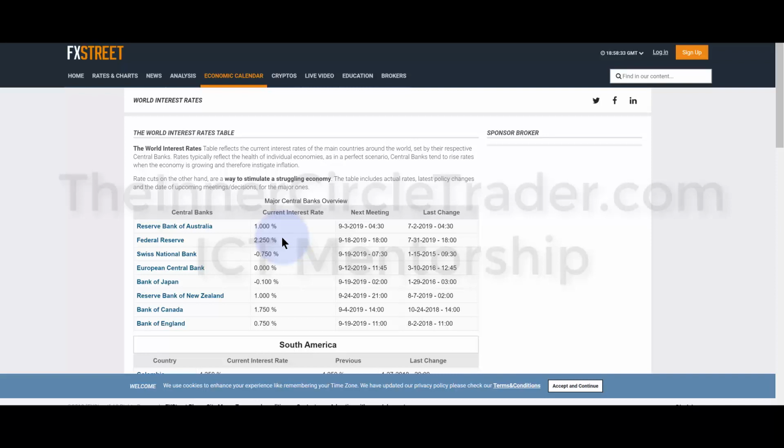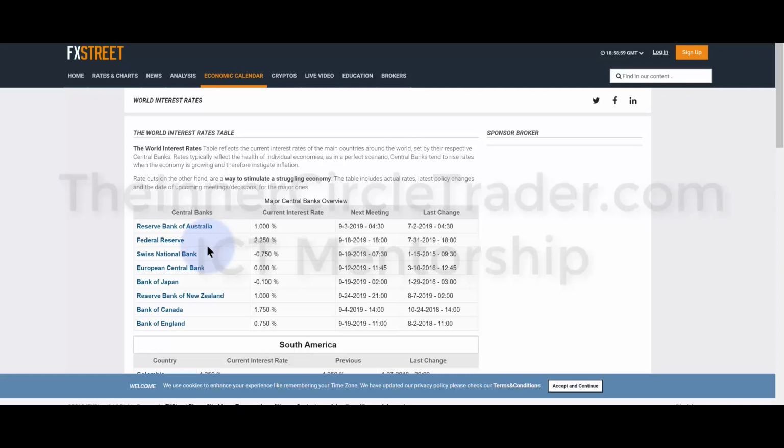So if a large fund were to want to invest in these two countries, how would they best play that? Which one has the higher interest rate? The Federal Reserve. That's the U.S. market. It's 1.25% more in interest than the 1% that the Australian Central Bank is offering at present time.